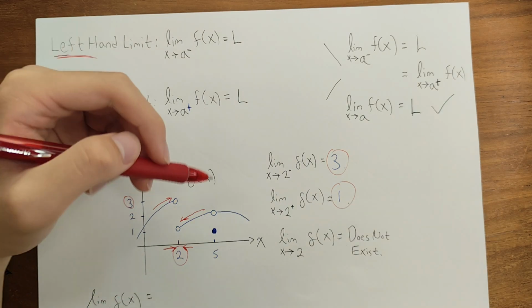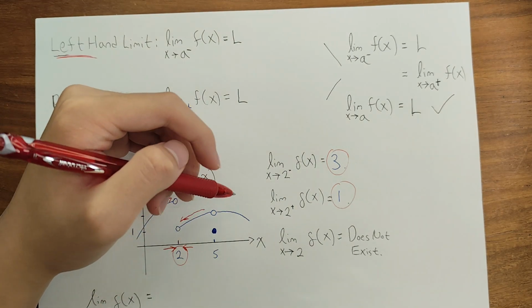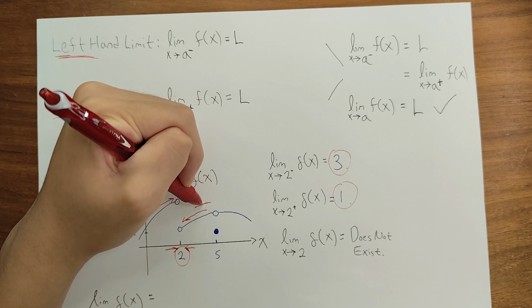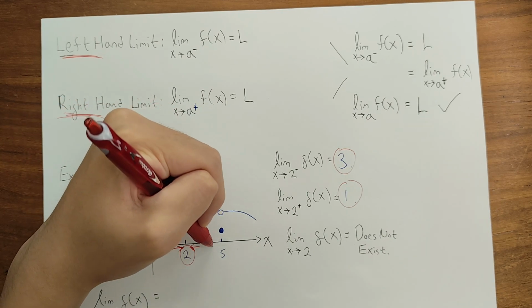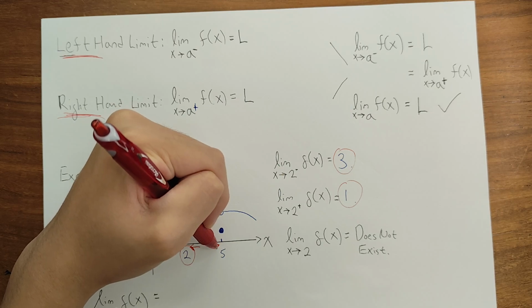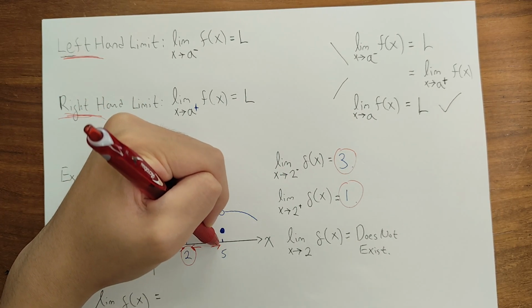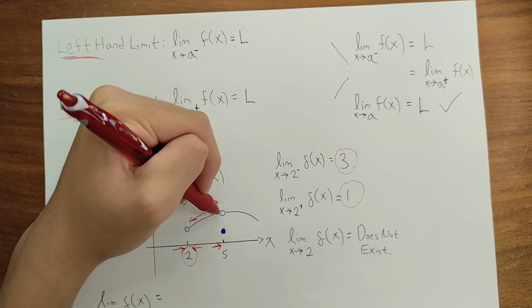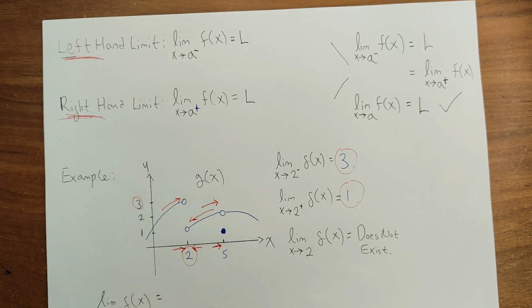So if we approach 5 here from the left-hand side, y is getting closer to what seems like 2. So it is approaching 2.